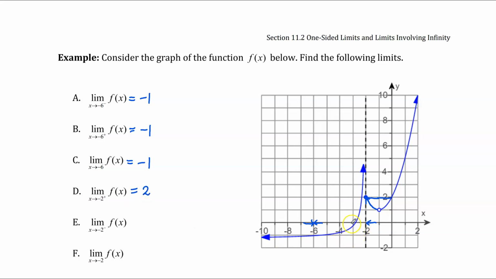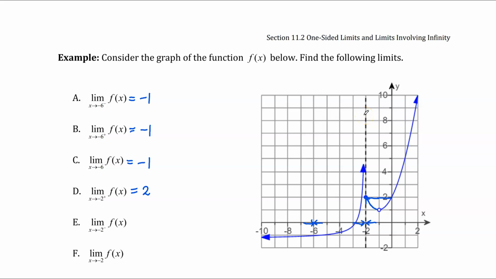Now, as x approaches negative 2 from the left, the corresponding y values of the function will just continue to increase without bound.